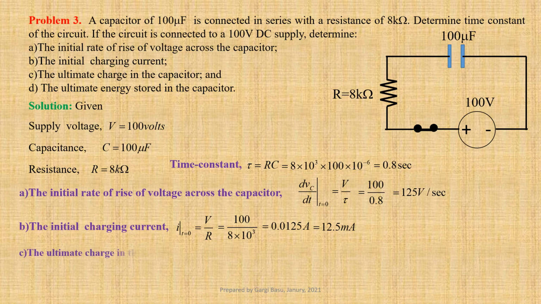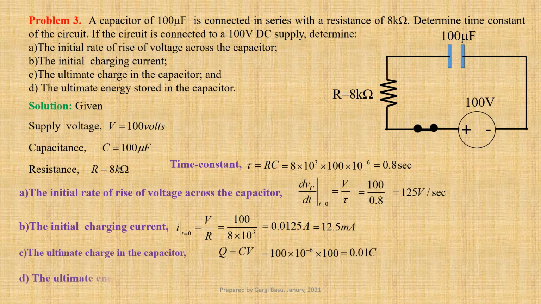The ultimate charge in the capacitor Q equals C into V, that is equal to 100 into 10 to the power minus 6 into 100, that gives us 0.01 coulomb.